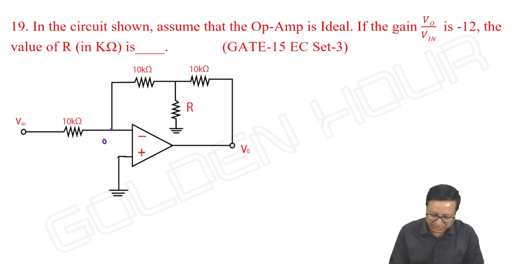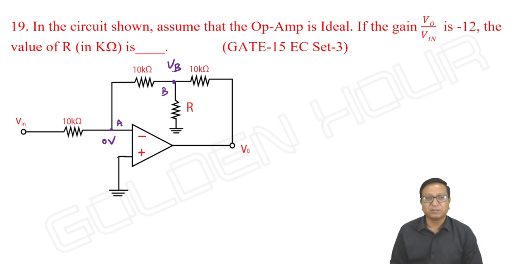Due to virtual short, it is 0 volts. Let me take it as node A and it is node B. This voltage is VB. We know what VB is. VB is equal to minus 10K by 10K into VI, so I can write it directly as minus V input.